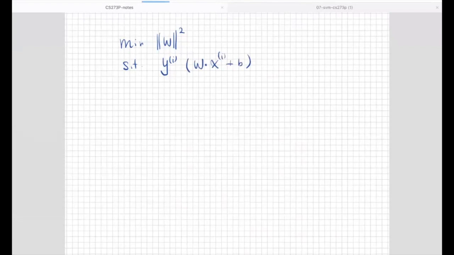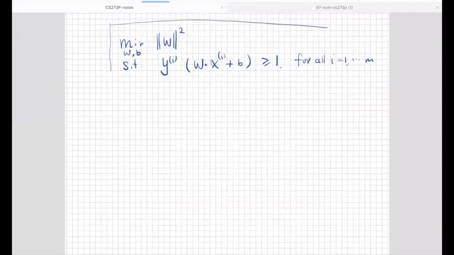This is greater or equal than 1 for all i, for i going from 1 to m. So you have m constraints. This minimization is with respect to both w and b, so you have two sets of parameters. Overall, you have n plus 1 parameters here. So that is the problem we're going to solve here.